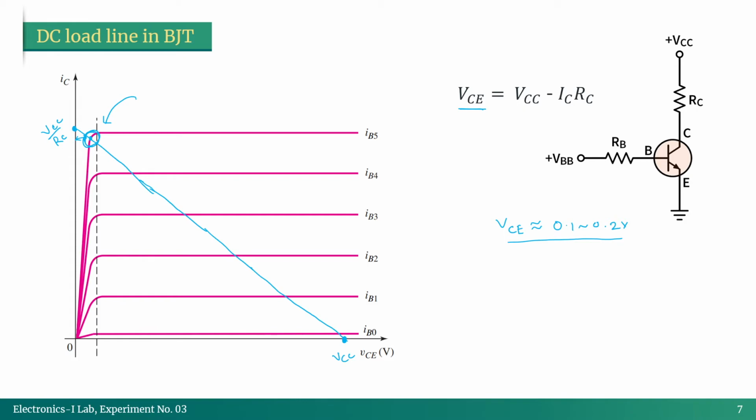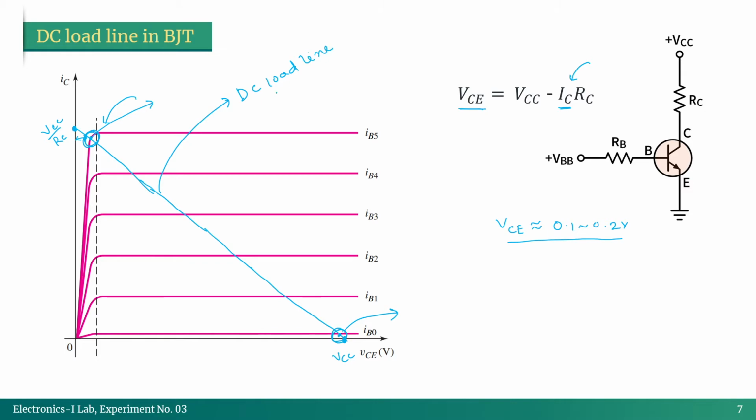For the cutoff situation, theoretically we should get collector current as low as 0, but there might be some value, so we are going to get this value not exactly 0, but that can also be almost 0, a very negligible amount of current that you cannot even measure. Okay, so that's why you are going to get these two practical points for these two conditions, on and off, and you are going to find those out and plot these values to get the DC load line.